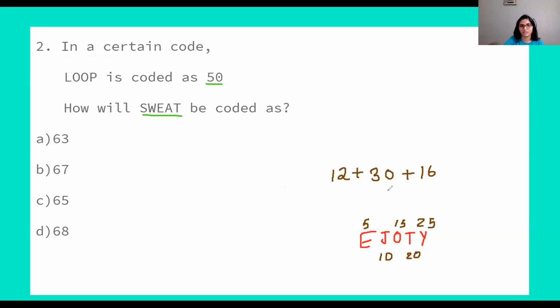So when we add, we will get 58, but it says 50. So there's a different relation here. So it's not how we've done in the earlier sum.